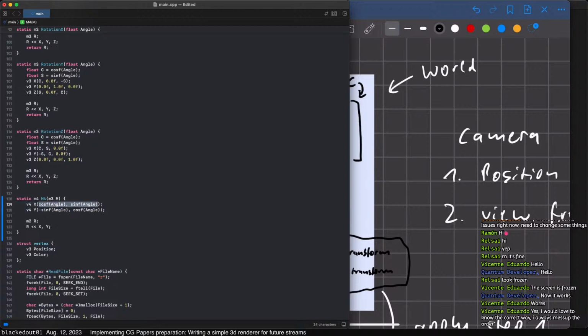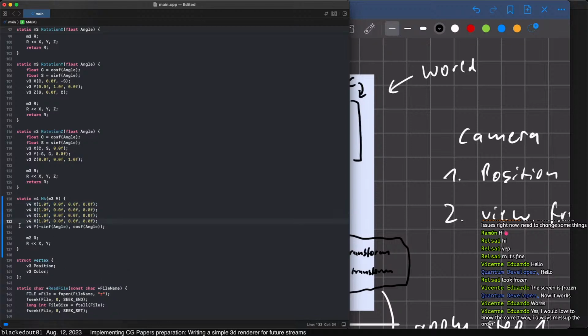So first I want to create an identity matrix. And then I can push these vectors into the 4x4 matrix.